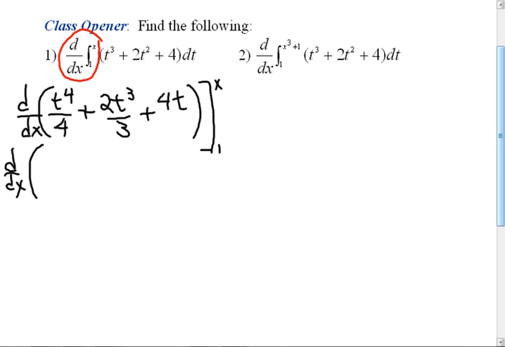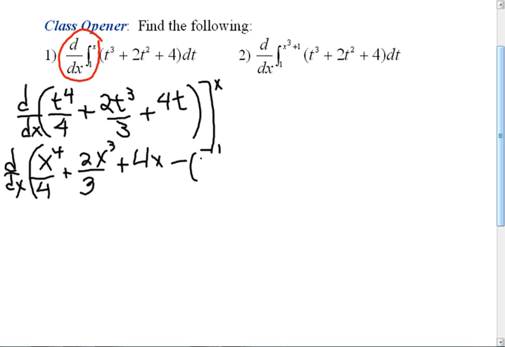I'm going to put x in there, so it's x to the 4th over 4 plus 2x cubed over 3 plus 4x. That's the first part. And then it's going to be minus, and I'm going to use parentheses because I want to get it right.